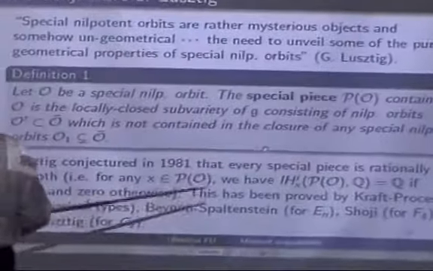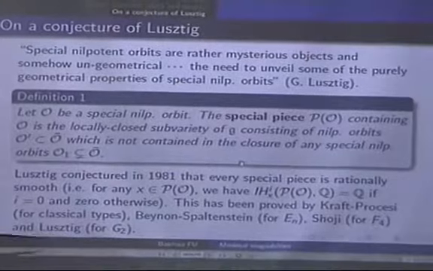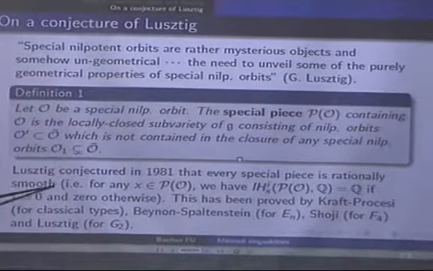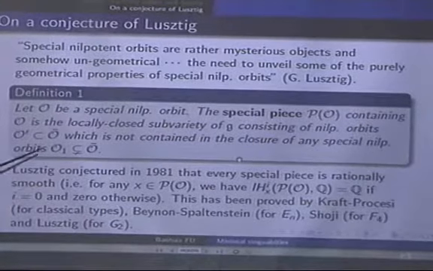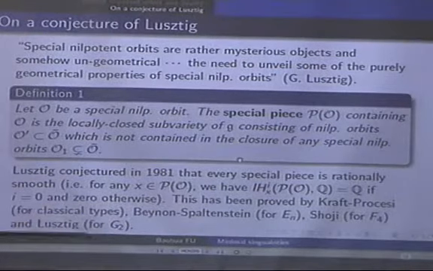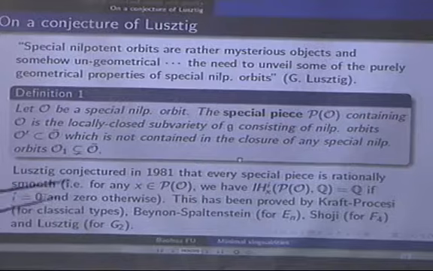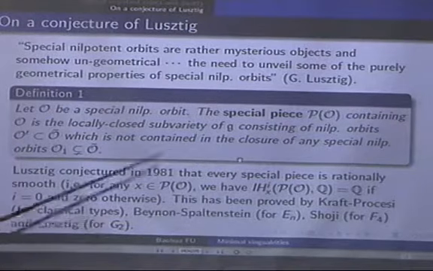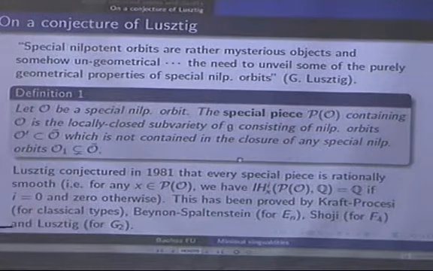And the Lusztig conjecture, in 1981, says that every special piece is rationally smooth. Rationally smooth means cohomologically it's just a smooth variety; it behaves like a smooth variety. And this conjecture has been proved by Kraft and Procesi for classical types, because they can realize it as not just a smooth variety, but something like an affine space, and also sometimes a quotient by a finite group.